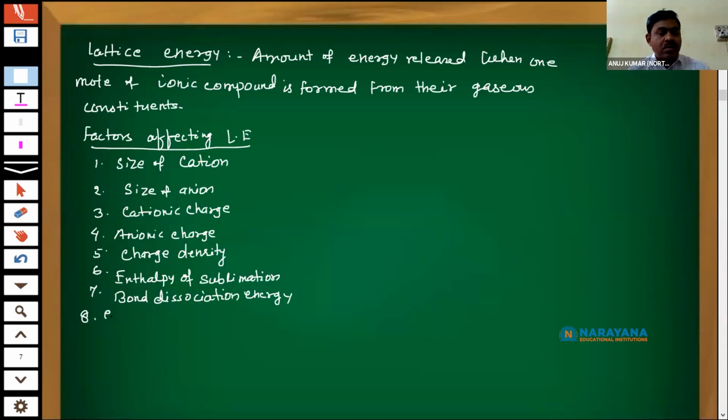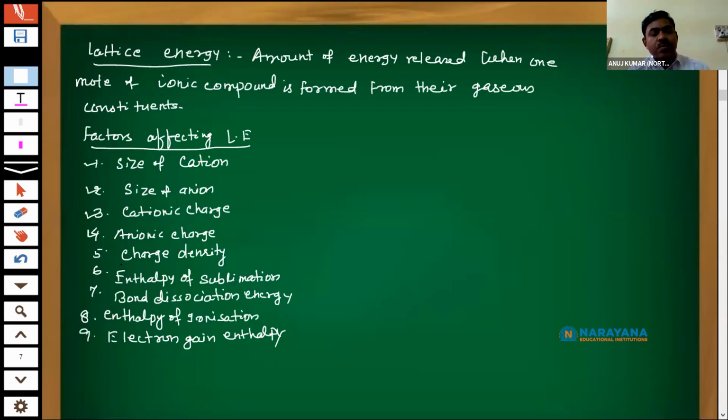Next, enthalpy of ionization, electron gain enthalpy. But if you solve the question, you need only the first four. By these 4 factors, by these 4 theories, you can solve any question.